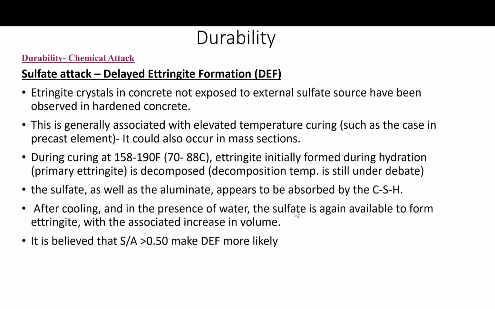In this case, a mortar bar is exposed to a solution of sodium sulfate, or a mixture of sodium sulfate and magnesium sulfate, depending on the application. The expansion is measured over time, and the value at 6 months is used as an acceptance criterion for sulfate resistance for blended cements, which are classified under ASTM C595.